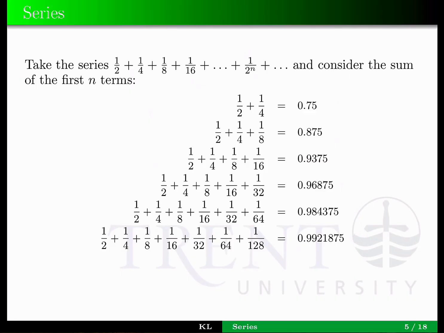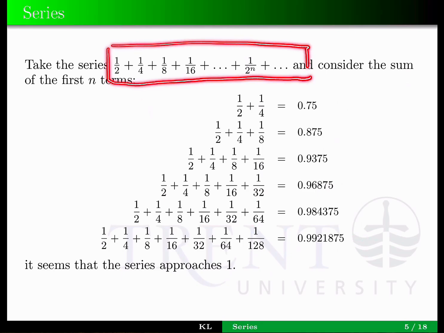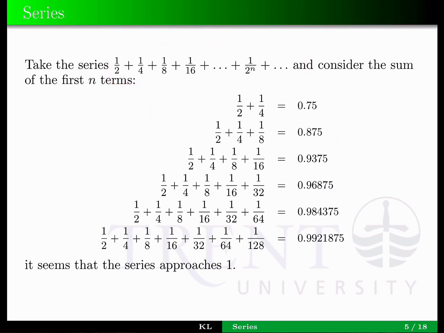So it seems that if we continue adding terms in here, the sum goes to 1. Okay? We will see later that the actual sum of this infinite series here is actually equal to 1.